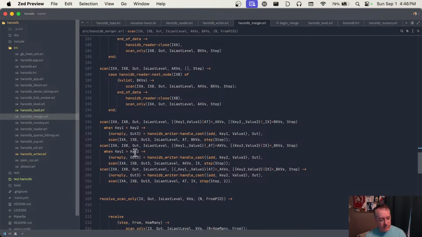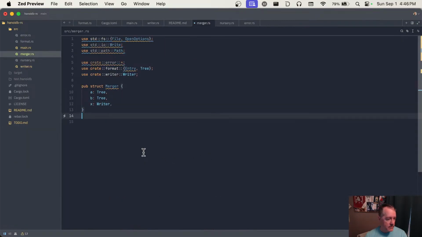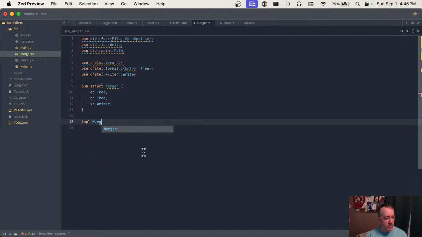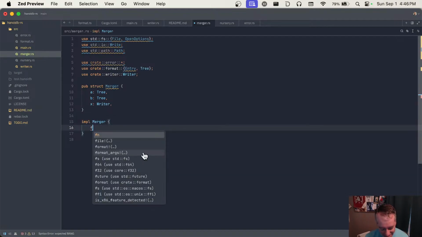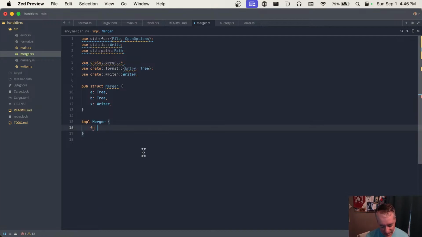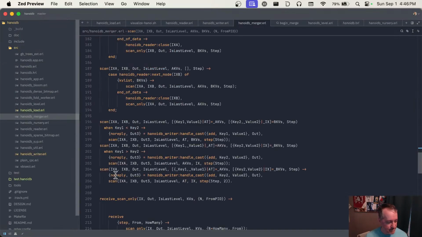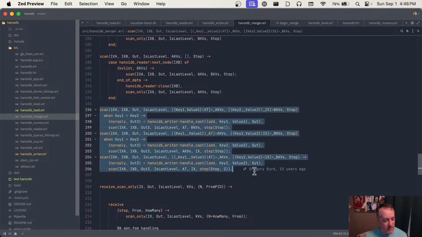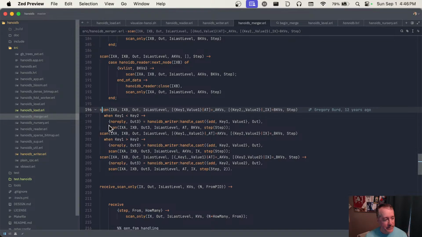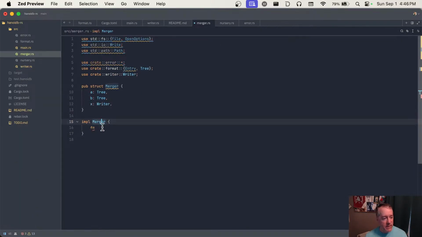So, I don't know. Let's do some pseudocode, and then we can figure out how to build out the rest of it. So what I want to do is basically these clauses. Let's do one step, right? Let's compare two keys and add whichever one is smaller to the writer, while keeping the other one there.